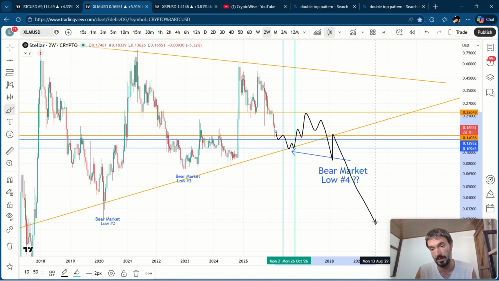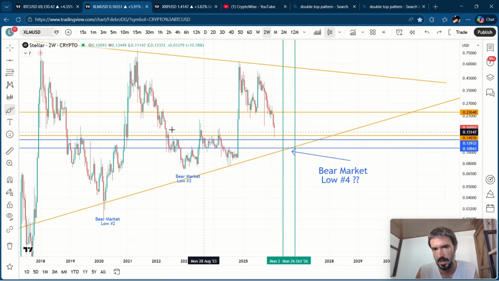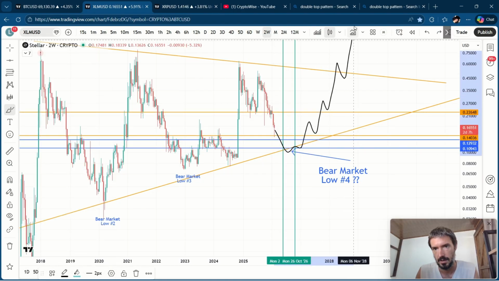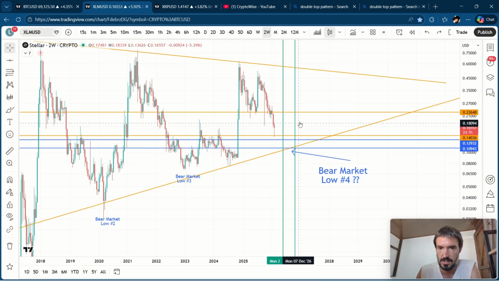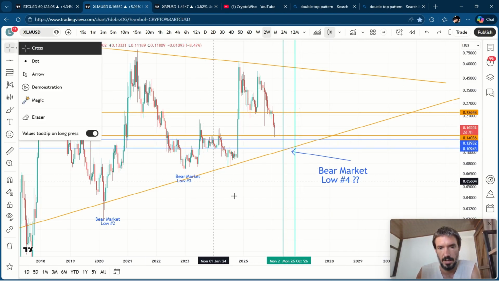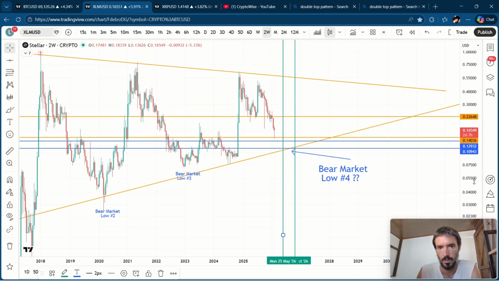So regardless, if this triangle was planning to break to the downside or to the upside, this area would very, very likely get defended. I give it like a 98% probability that this area is going to get defended and held as support before we see the next formation and the price actually decides where it wants to go.